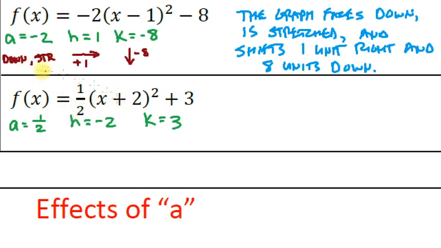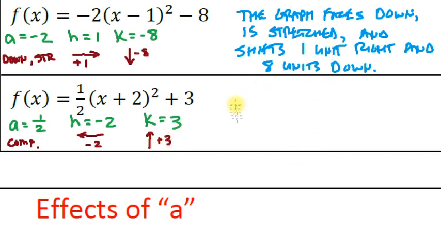Our graph is still facing up, so it doesn't flip down, but the 1/2 means we are compressing the graph because it's between 0 and 1. The h value of negative 2 means we're moving to the left because that's a negative movement on the x-axis. The k value is positive. That means we're moving up 3.